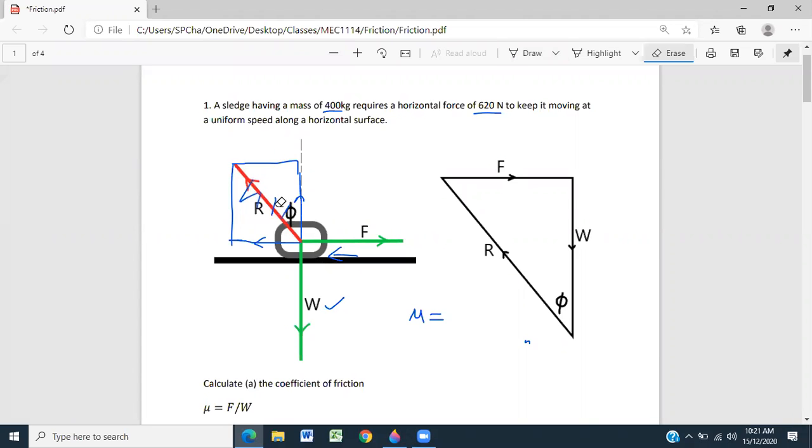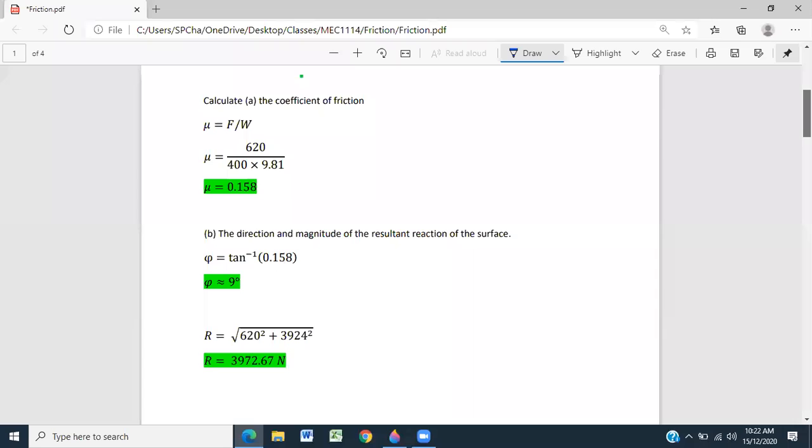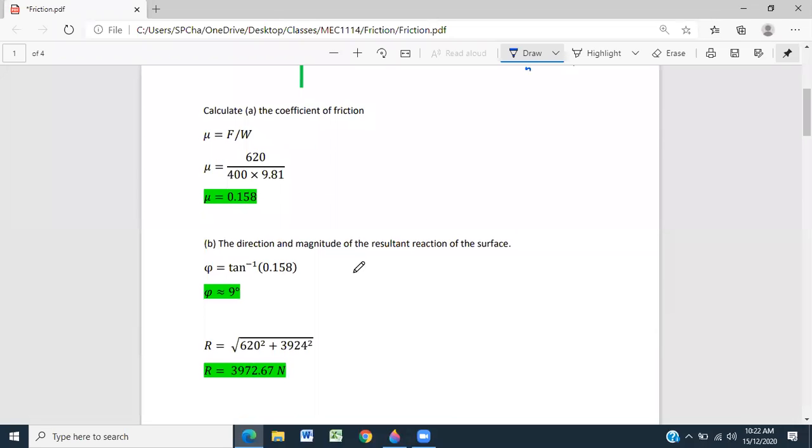We take these, we put them into a triangle, very simple triangle: horizontal force, weight acts vertically downwards, right angle. We can find the magnitude and direction of this. We find the direction by using tan of the angle called phi.